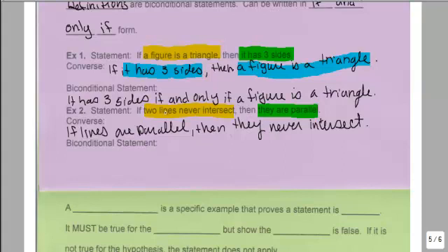So I'm going to leave the yellow. It'll say two lines never intersect. Here I'm going to write if and only if, then they are parallel.